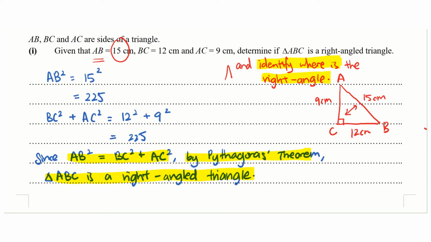The right angle has to be opposite the longer side, the hypotenuse. That means it must be angle C. So we can write that triangle ABC is a right angle triangle where angle ACB equals 90 degrees. This is how we go about identifying where is the right angle.